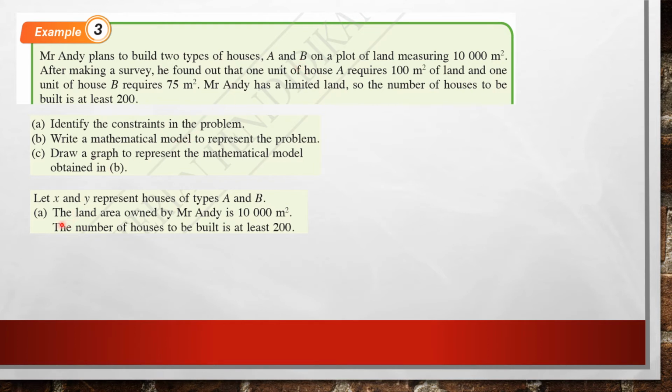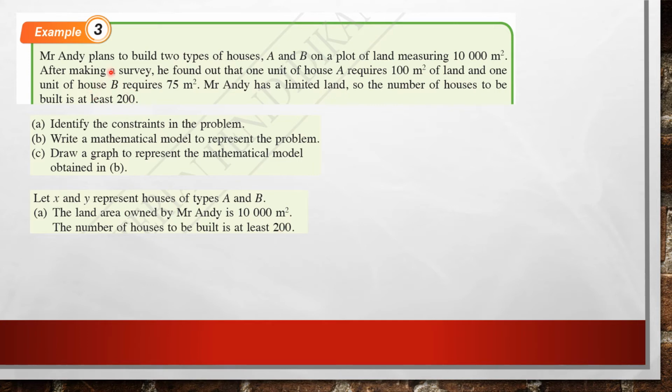So the constraint in the problem is the land area owned by Mr. Andy is 10,000 meter square. And another constraint, the number of houses to be built is at least 200.